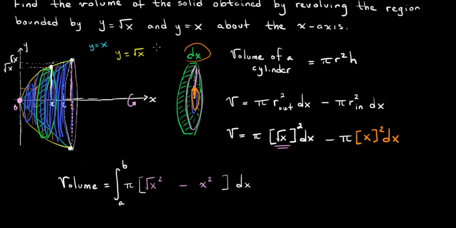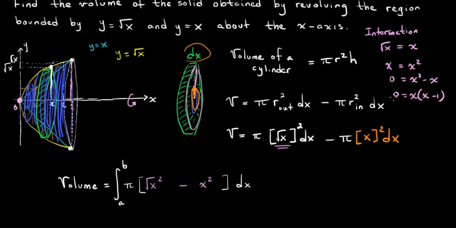Well, to find the intersection, all you have to do is just set the two functions equal to each other and solve. So think about getting rid of a square root. Well, I would just square both sides, so I would have something like this. And then I'd move the x over, so I'd have x squared minus x. Factor out an x here. Again, this is just good old algebra review.